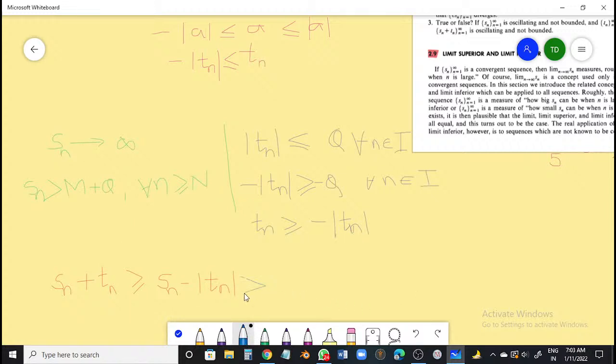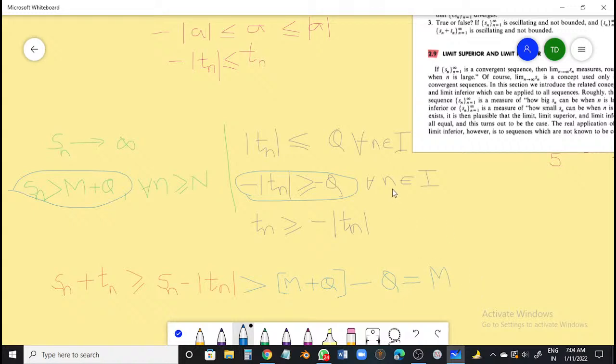So what we are saying, this is greater than m plus q and we are adding this result for minus mod Tn. Minus mod Tn is already greater than minus q. So this will be minus q. Greater than type of inequalities we are adding together. So we reached over here and this is nothing but m.